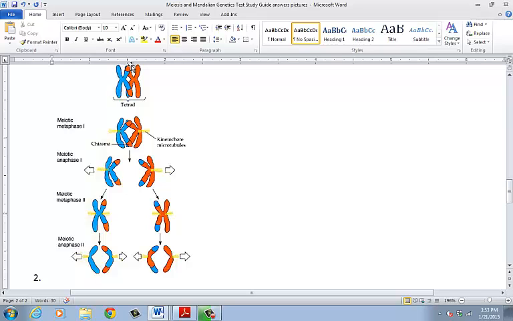And you can see where they cross over here. So we have blue crossing over red. Those aren't the real colors of the chromosomes, but we do that so that we can demonstrate what's happening. And then in metaphase 1, you start to have these pulling apart at the kinetochore, at the centromere there. And you can see when these are pulled apart, now you have red tips on the blue chromosome and vice versa.